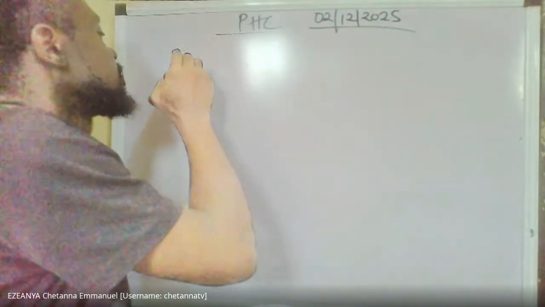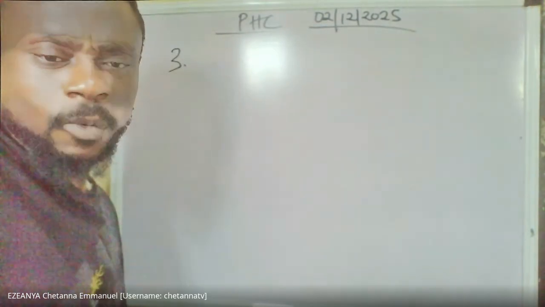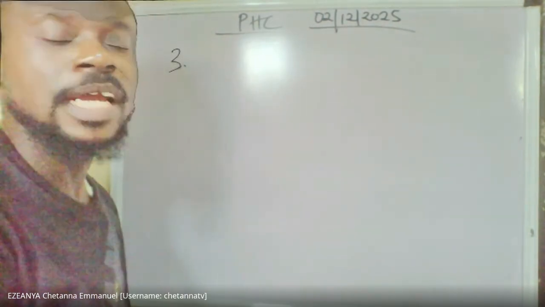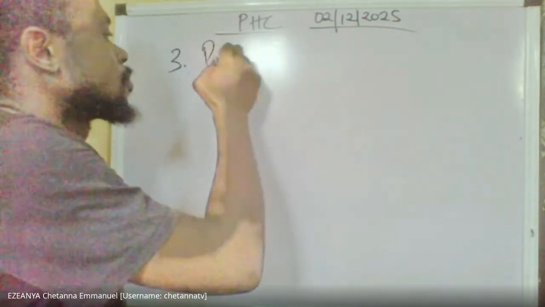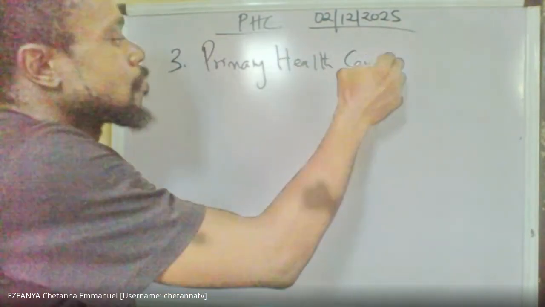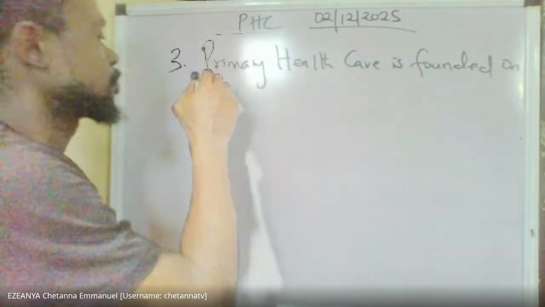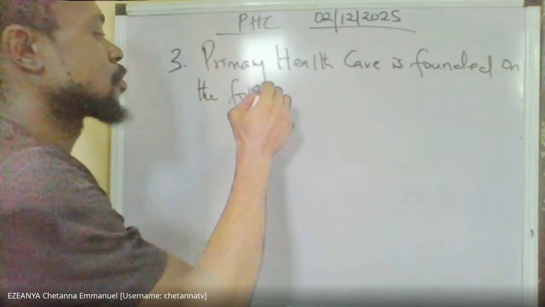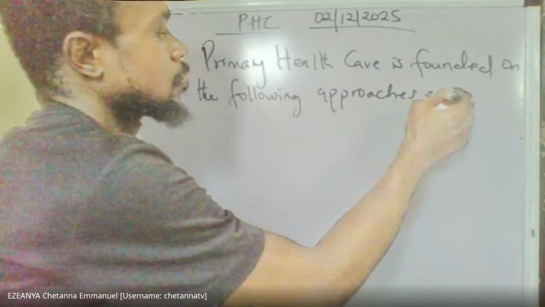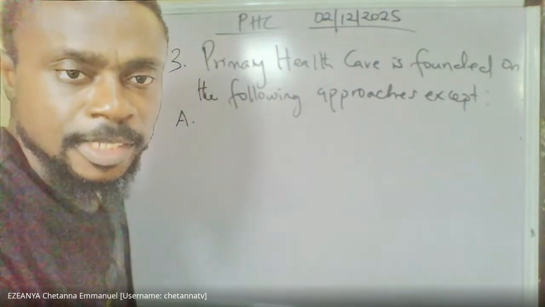Question 3. Question 3 says primary health care is founded on the following approaches, except: A. Traditional methods.